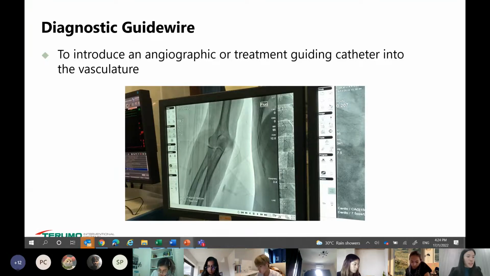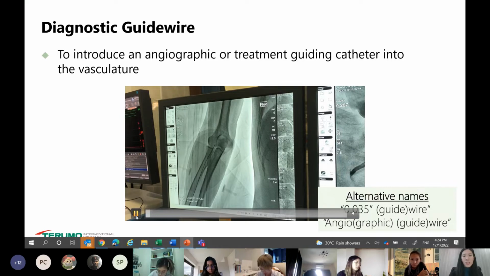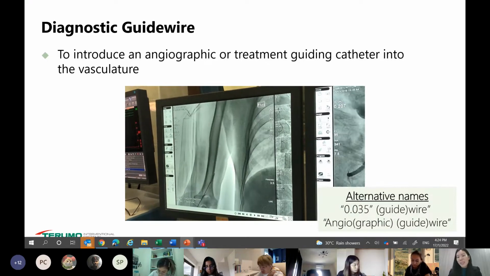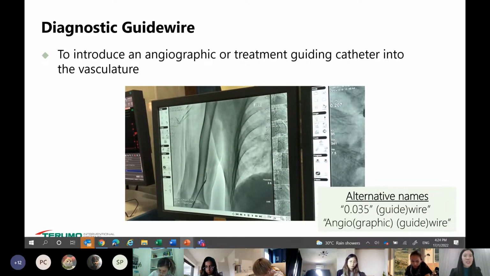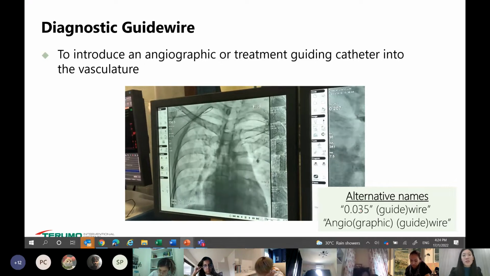For the diagnostic guide wire, let me just minimize this. What we also call it is the 035 guide wire, 035 wire, angiographic guide wire, angio wire. There are a lot of names. One I like to call it is 035 wire, so I always use this term.